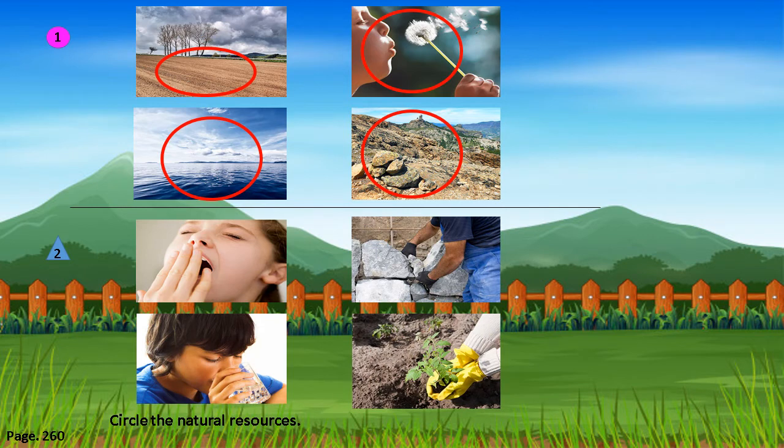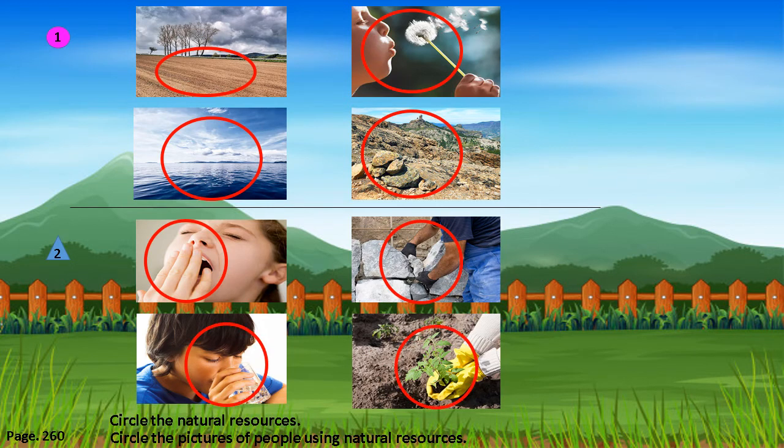Now, for question number 2, we have to look at these 4 pictures and to circle the pictures of people using natural resources. Great job! Let's circle all of the 4 pictures. In the first picture, one person is breathing air.